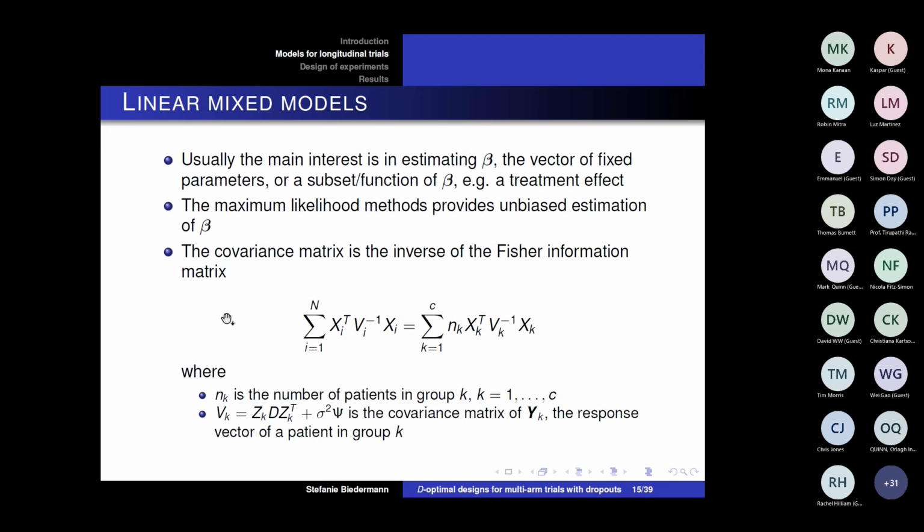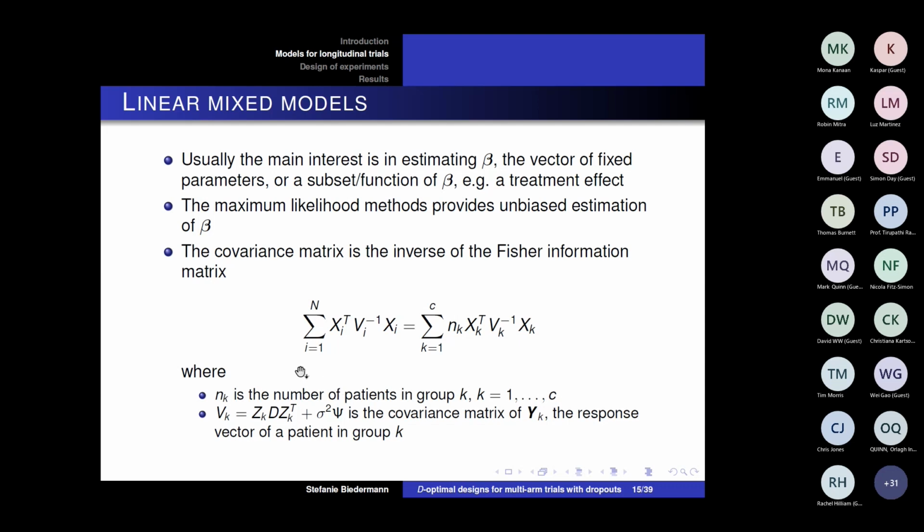Usually the main interest is in estimating beta, because that's the vector of population parameters. Or it could be a subset or a function of beta, for example, some contrast that is a treatment effect. And we also have an unbiased estimator for beta from maximum likelihood, and we have a closed form for the covariance matrix as the inverse of the Fisher information matrix.